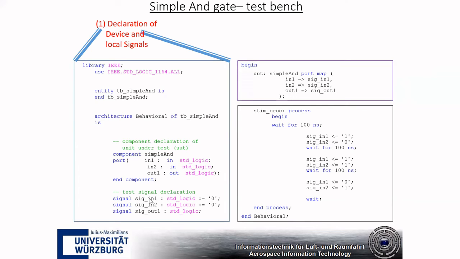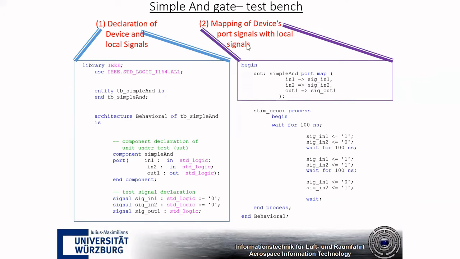As you can see, these are the internal signals, and then I match the internal signals of the test bench with the signals of the design right here. So here I perform the mapping. The component signals which I am going to test will be connected together with the signals of the test bench.